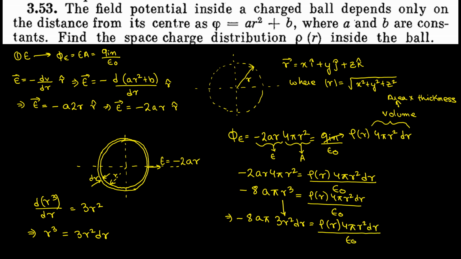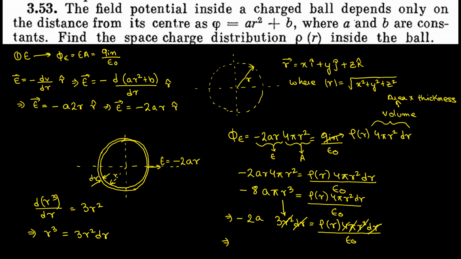Now I can cancel the left hand side and right hand side. dr gets cancelled, pi and pi, 4 into 2 is 8, and r square gets cancelled. So rho is equal to how much? Let's calculate what got cancelled; this is replaced by 2.